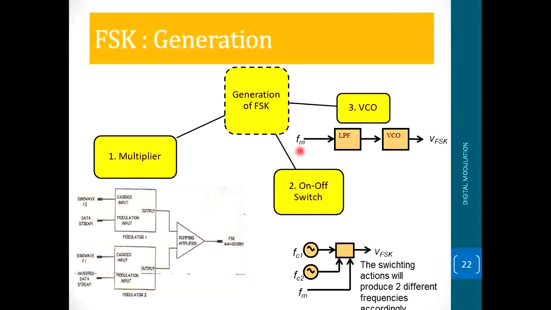And to generate the frequency shift keying, there are three methods. The first method is using a multiplier, where we have modulator 1 and modulator 2. This is the carrier input F2 and carrier input F1. This is the inverted data stream, and this is the data stream. This is the same as I explained before.